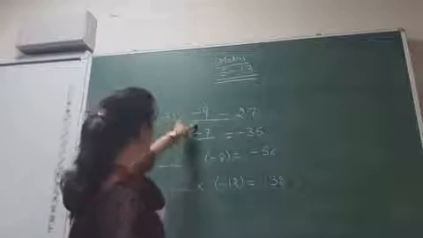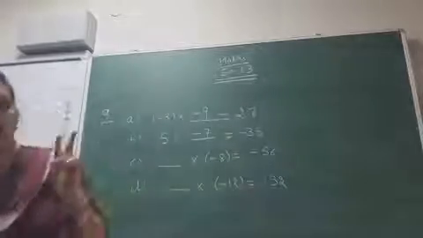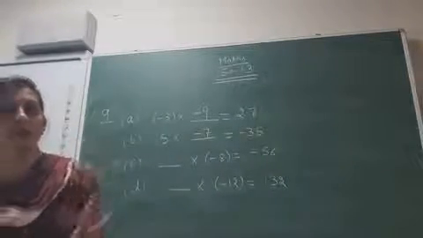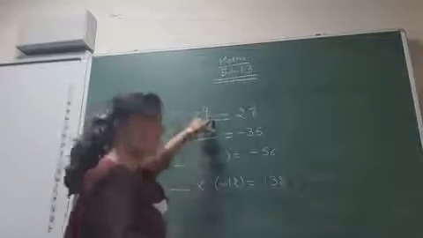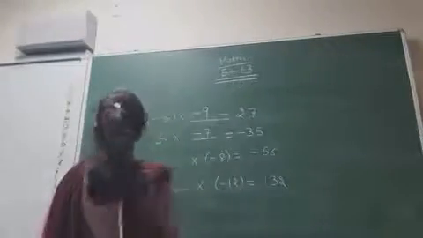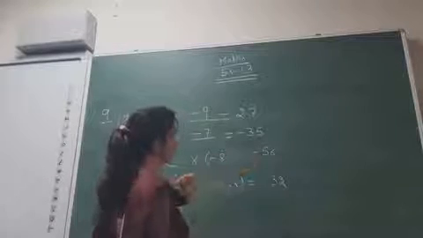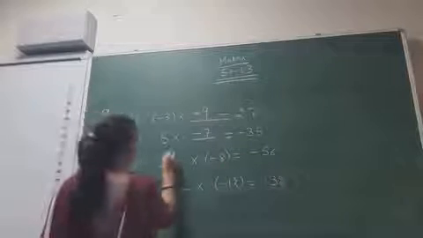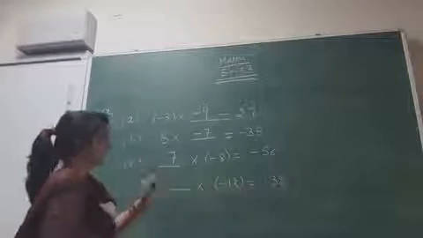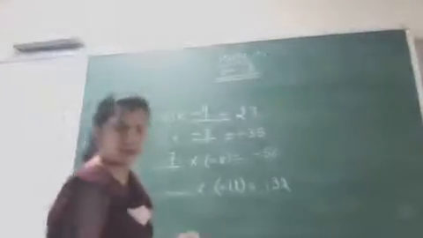If there is multiplication and the answer is given and out of two numbers we have to find the other number, then we will divide the answer by the known number and we get the second number. Now see, blank multiply minus 8 is equal to minus 56. When we divide 56 we get 7, and this is minus, so the answer is minus.